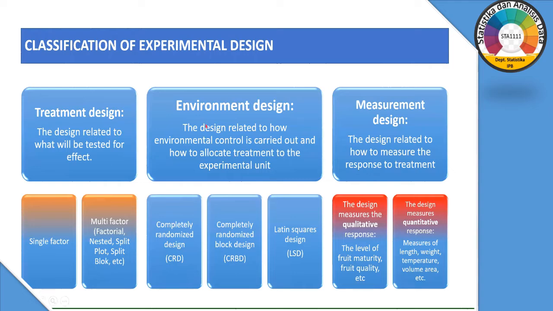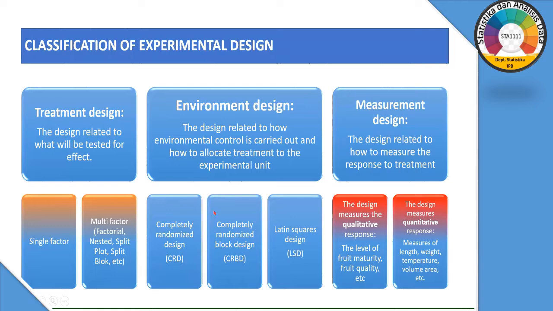If you consider the environment condition, there are at least 3 types of experiment. That is the completely randomized design, called CRD, in which all treatments are assigned at random to all experimental objects without any restriction. That is why we call it a completely randomized design.